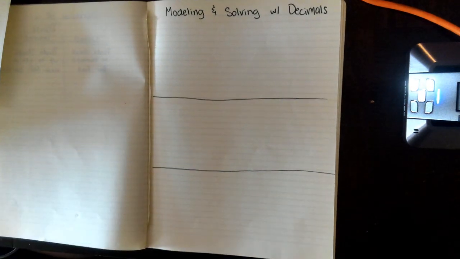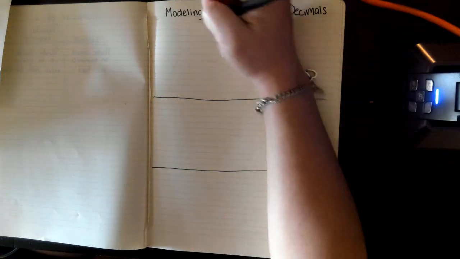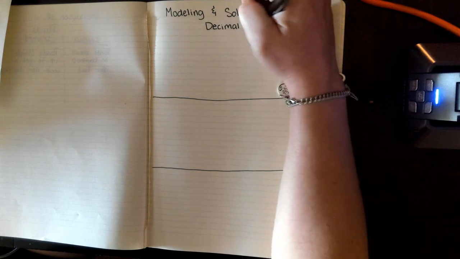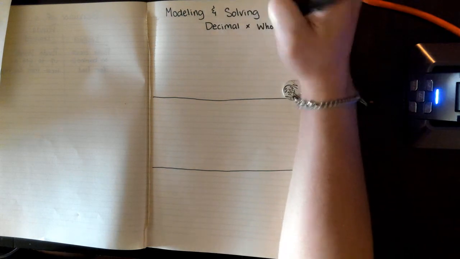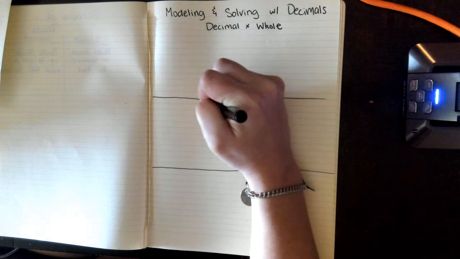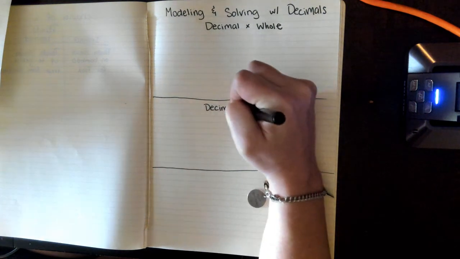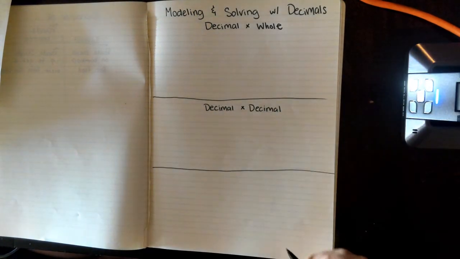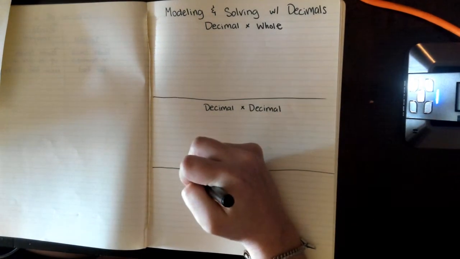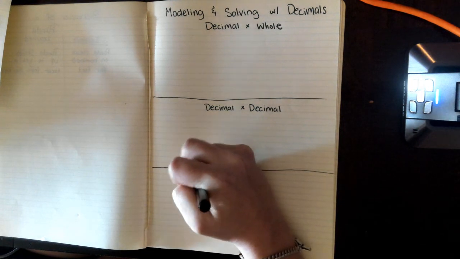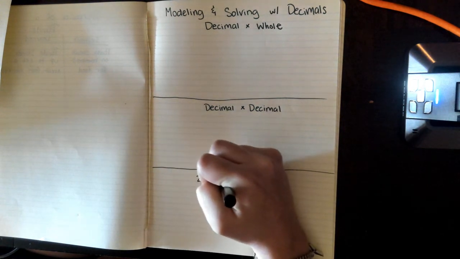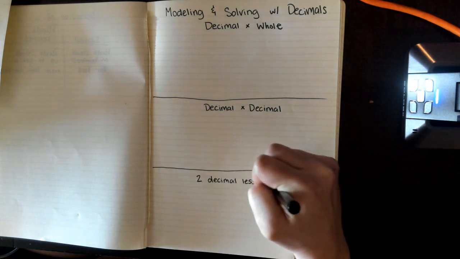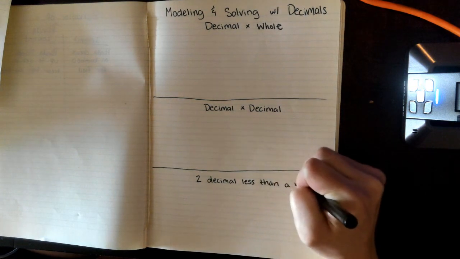Split your page into 3 parts because we're going to do, again, a decimal times a whole, a decimal times another decimal, and then also 2 decimals less than a whole.